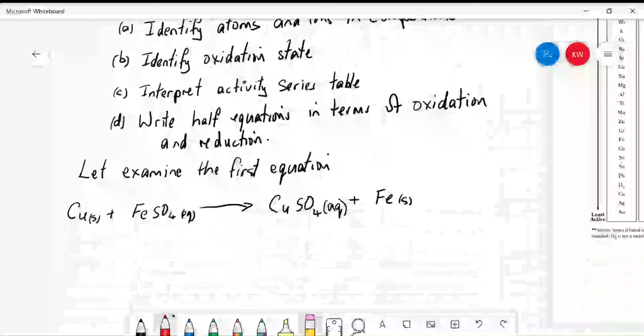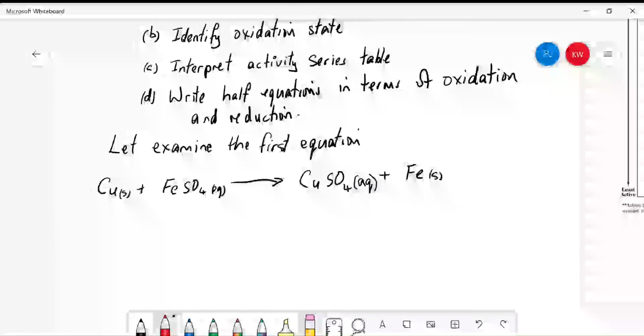So let's examine the first equation. The first equation we had copper displacing the iron in the iron sulfate to produce copper sulfate and iron. So here we have just the copper by itself. An element existing by itself, or an element bonded to its own self, has an oxidation state of 0. So here we have iron and sulfate.